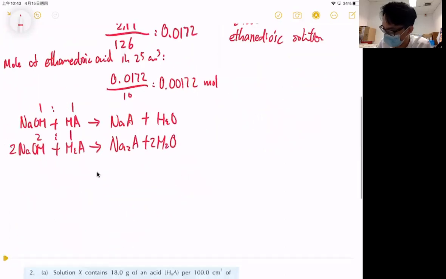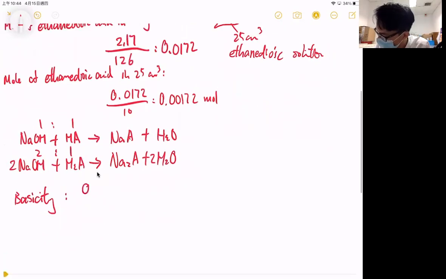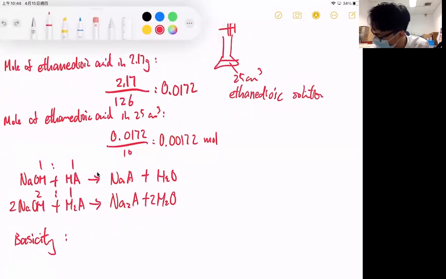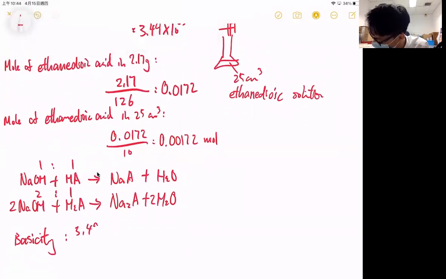And how can we find the basicity? In this case, we have 3.49 times 10 to the power of -3 moles of sodium hydroxide, right? And we divide the number by 0.00172.